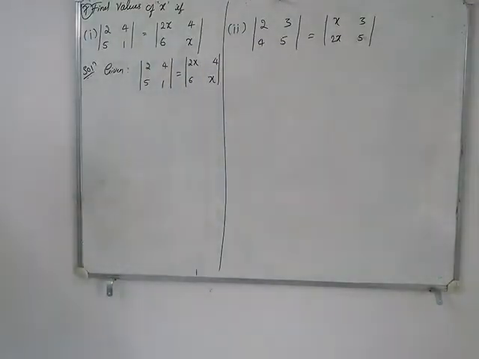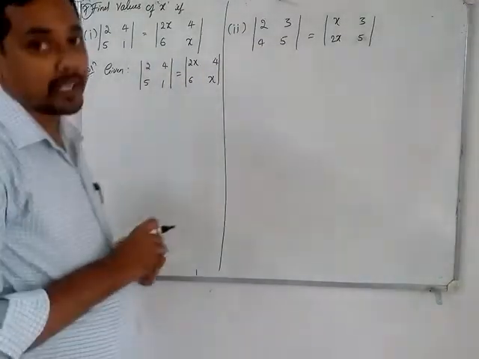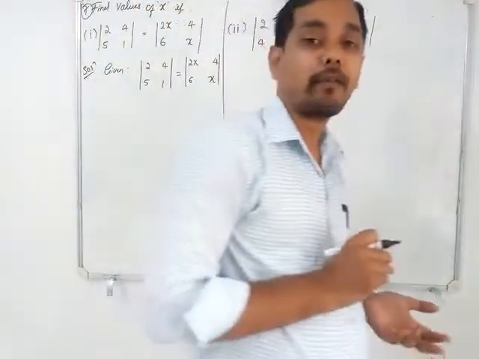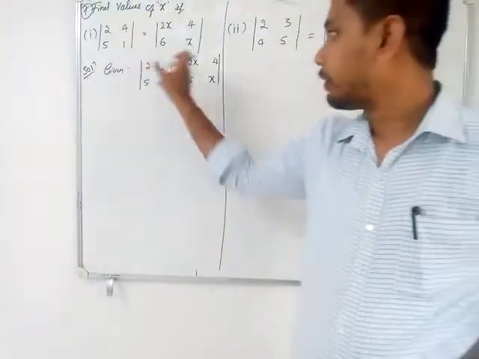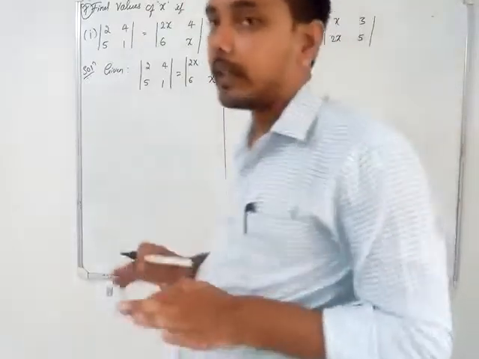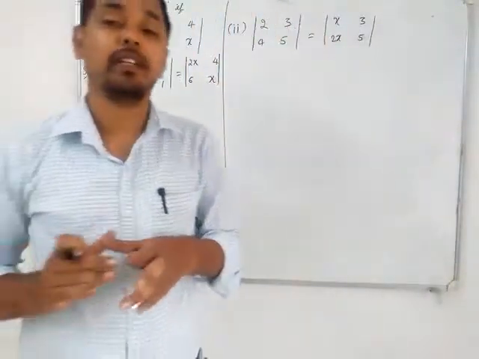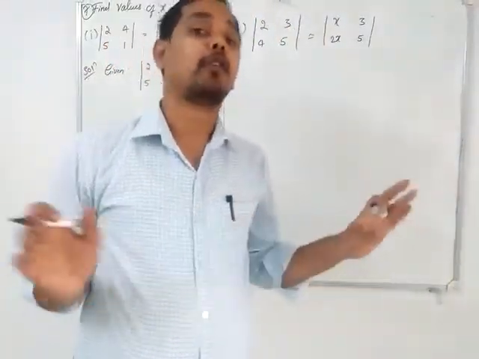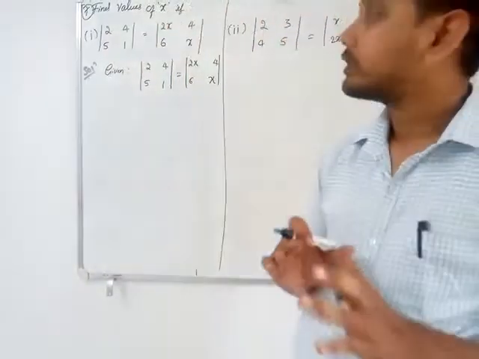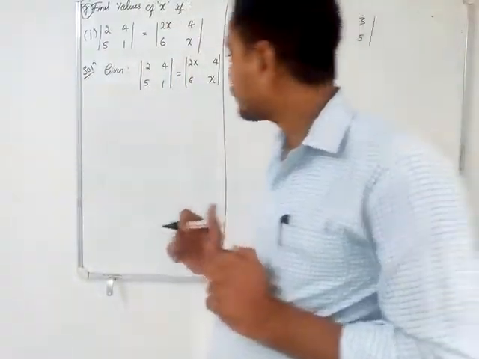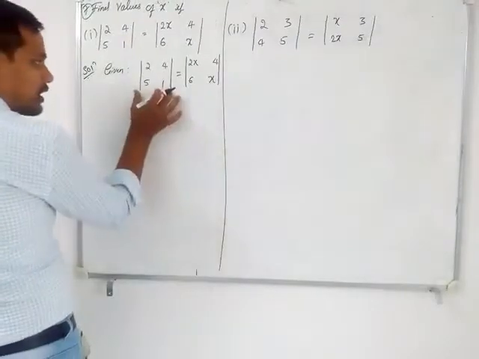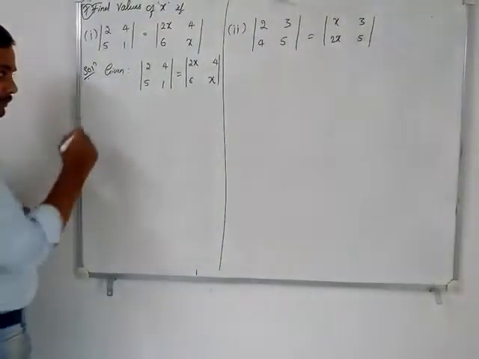When it was matrices and we were asked to find the value of unknowns, we would directly equate the corresponding values. But here we should not do that. That is okay for matrices but not for determinants. So how to do this? Solve each determinant separately.